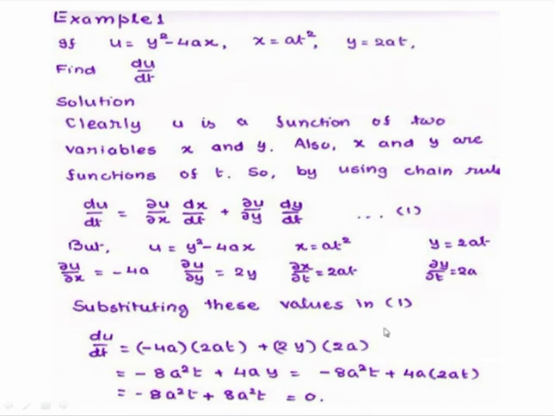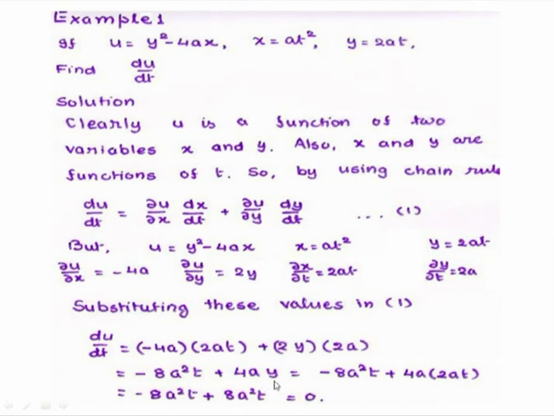Now substituting these values in this equation, we get du by dt is equal to minus 4a for del u by del x, and this is 2at, so this is dx by dt, and del u by del y is 2y, so 2y is substituted, and then dy by dt, so it is twice a. So after simplification we get minus 4a into 2at, so minus 8a square t plus 4ay.